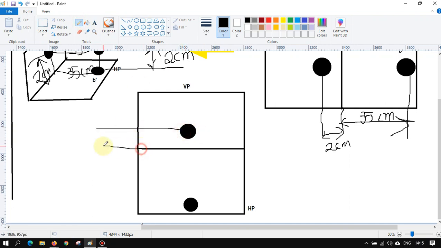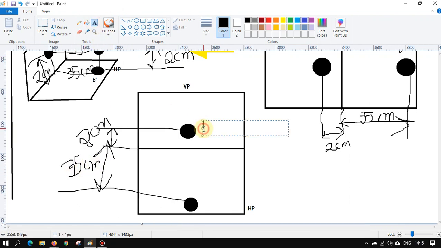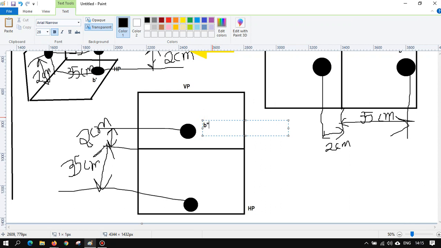This will be 2 centimeter, and this will be your 35 centimeter. Now what would be the name? It will be B double dash, and this will be B dash.